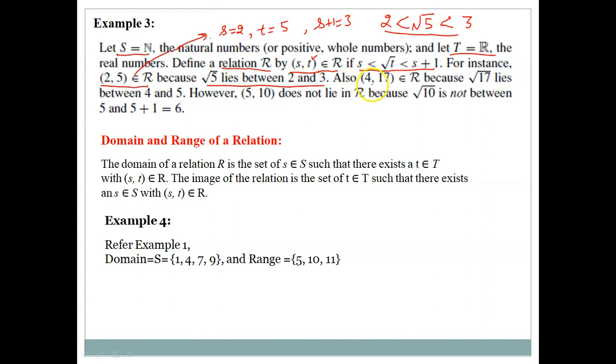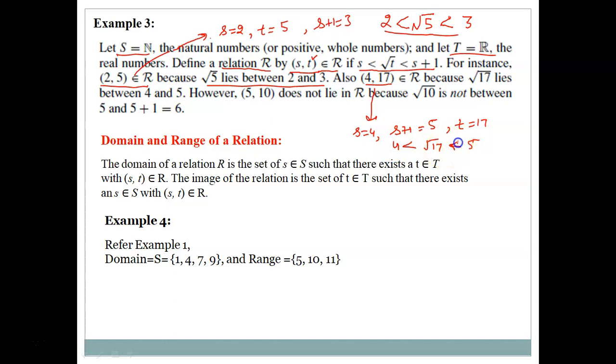Similarly, we check (4, 17) belongs to R. Why? Because the square root of 17 lies between 4 and 5. Because in this case again, as earlier, s means 4, s plus 1 means 5, and t means 17. So definitely root 17 lies between 4 and 5.